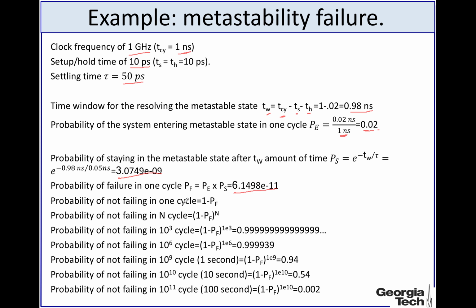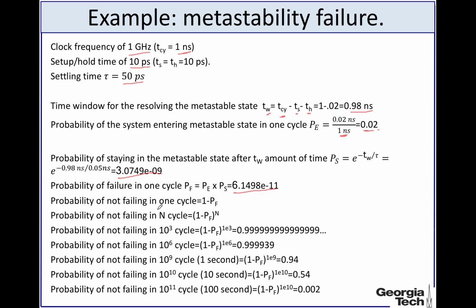Alright, so now let's calculate the probability of the flip-flop not failing within one cycle. In this case we are considering a two flip-flop synchronizer, and the probability of not failing in one cycle means that within one cycle the final output of the two flip-flop synchronizer will not go into a metastable state.